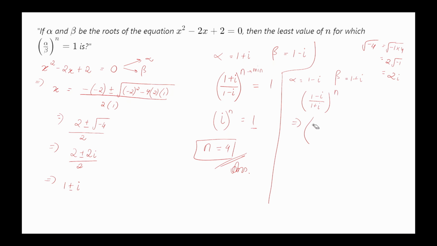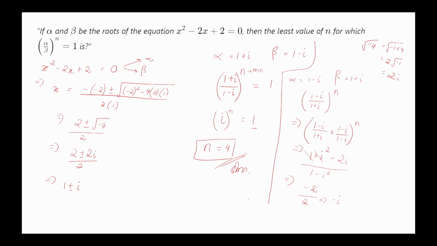So this would become 1 minus iota upon 1 plus iota into 1 minus iota upon 1 minus iota, whole to the power n. So this would simply transform into 1 plus iota square minus 2 iota upon 1 minus iota square. This portion would cancel out, we would have minus 2 iota by 2. So this would give us minus iota.